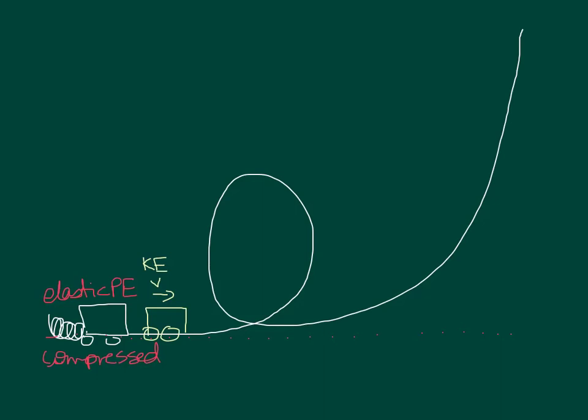Then a little bit further along the road, let's say we're here at the top of the loop. We went through the loop. Okay. Are we moving? Well, I hope so, or we're going to fall. So yes, we're moving. And we have kinetic energy. Are we above the ground? Yes. So we have gravitational potential energy.